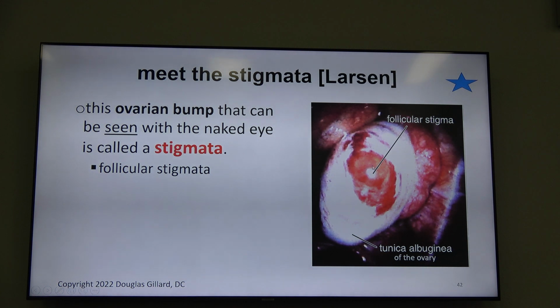So we've got an inflammation going on here. We've got prostaglandins being secreted. We've got this thing filling up with water and expanding, and it's putting a visible bump right here. And that has a name, of course, this visible bump on an ovary that's getting ready to ovulate. That's called the stigma, or the follicular stigma. So make sure you know that word.